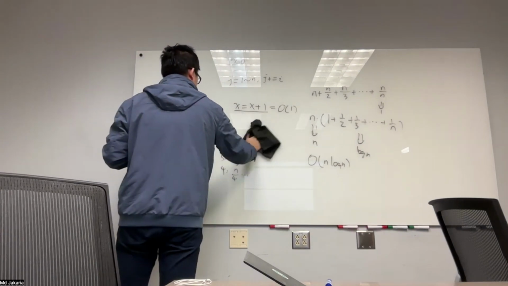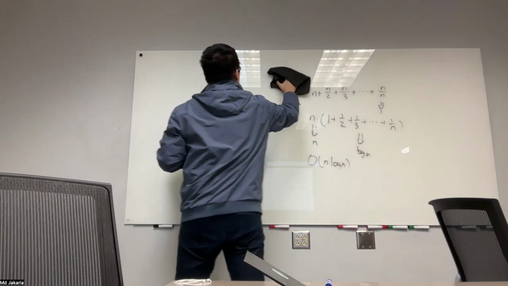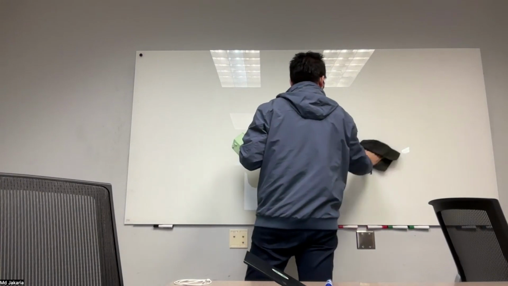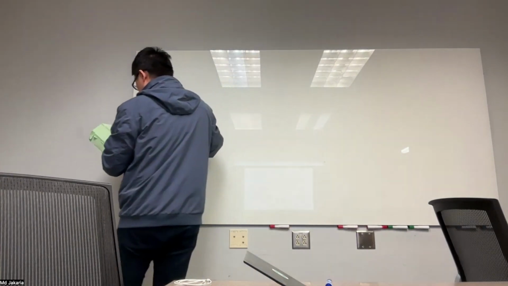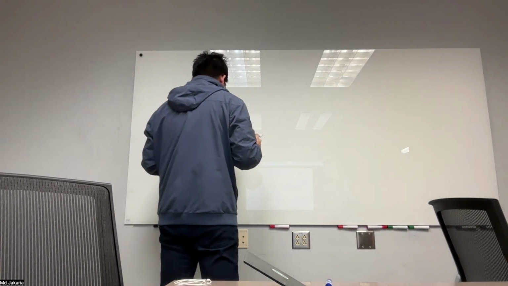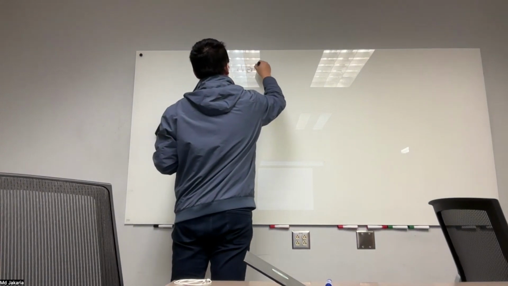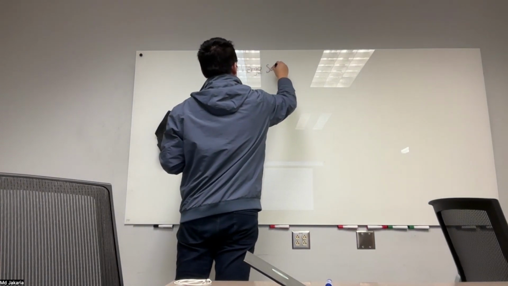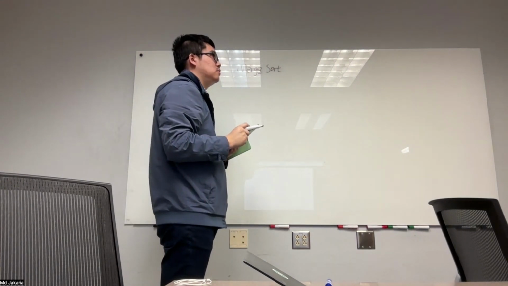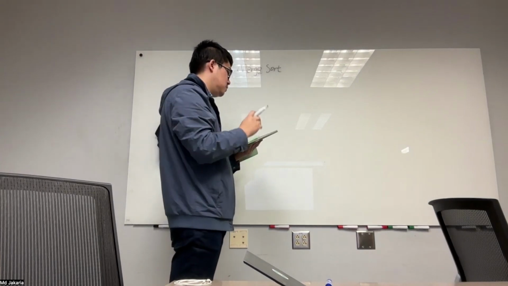Good. Let's try question number 4. Number 4 is merge sort. Now, suppose instead of dividing the list into 2 parts, you now divide it into 3 parts and merge them together.